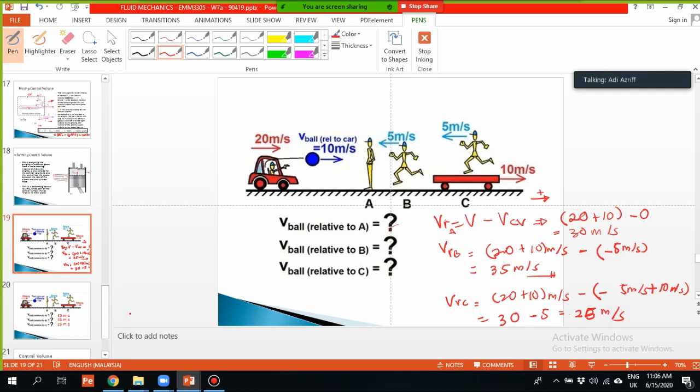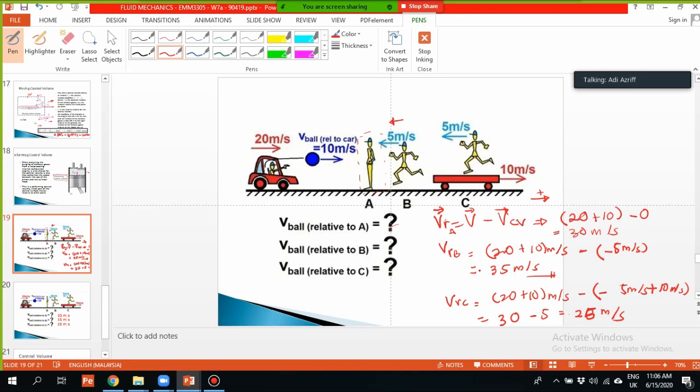So based on this formula, VR, the vector to the right, equals V minus V control volume. You need to define the condition. For case A, there is no movement of the person, so your control volume velocity is 0. In this case, the control volume starts to move to the left, so you should put minus for the control volume because it's moving to the left.